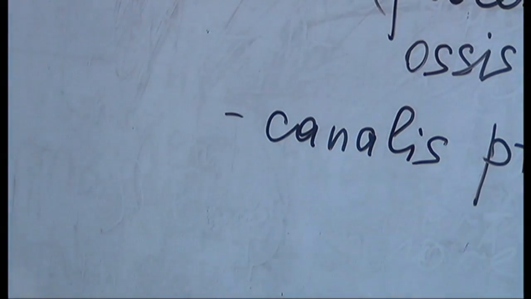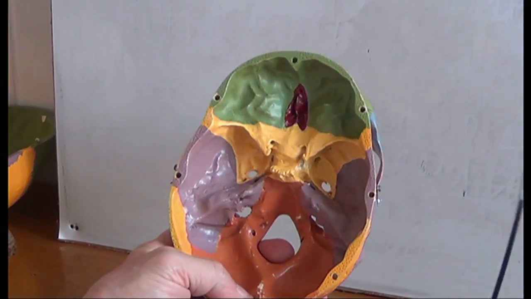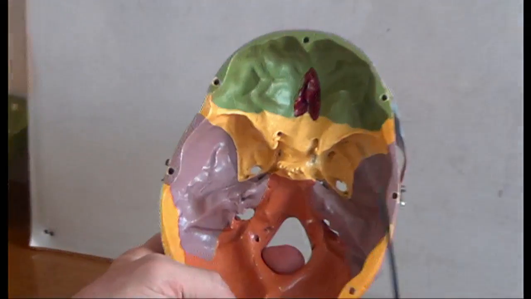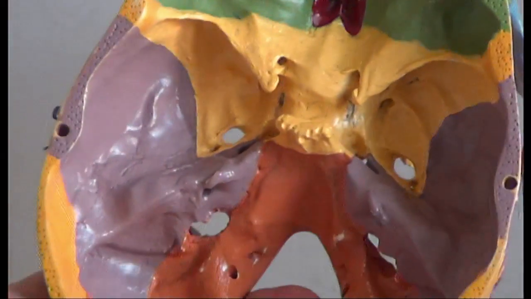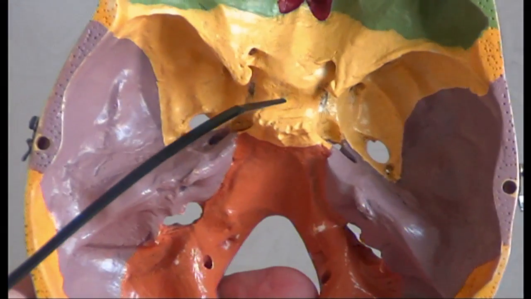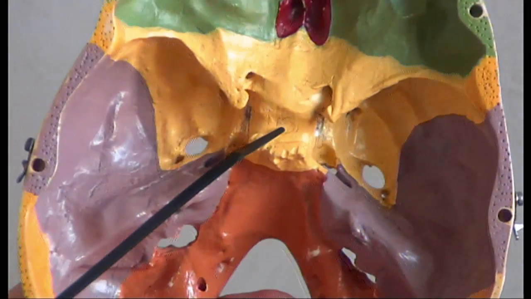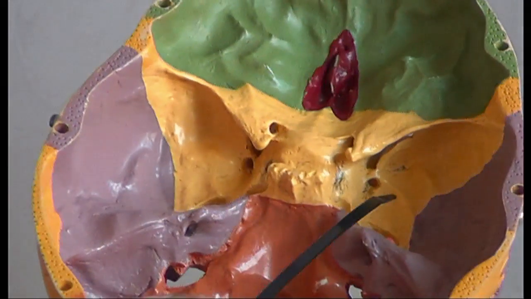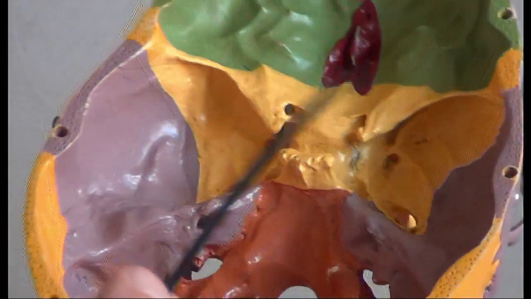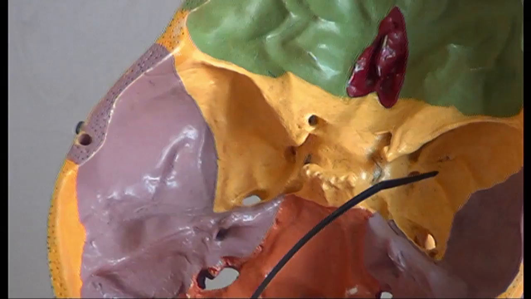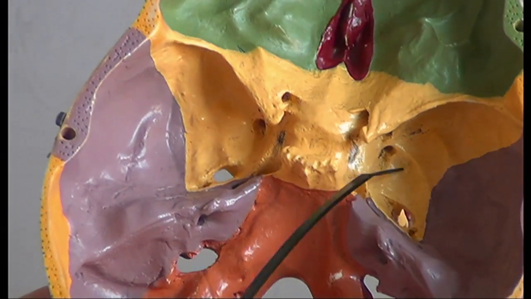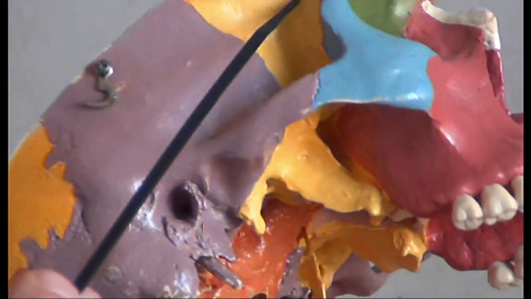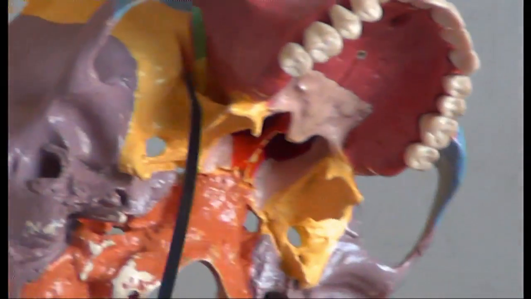So, summary. The os sphenoidale contains 4 main parts. Corpus ossis sphenoidalis with sella turcica on the internal surface. Alae majores with 4 surfaces: cerebral surface, temporal surface, maxillary surface, and orbital surface.